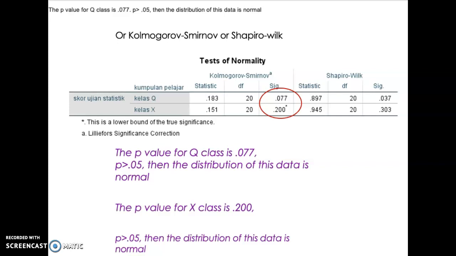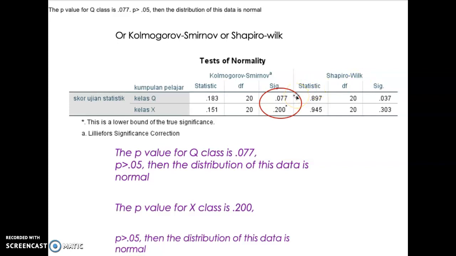Another thing that you can do besides testing the normality using a graph, you can also test it using the normality test, either Kolmogorov-Smirnov or the Shapiro-Wilk. If your sample is more than 50, you should use Kolmogorov-Smirnov. If your sample is less than 50, you should use the Shapiro-Wilk.